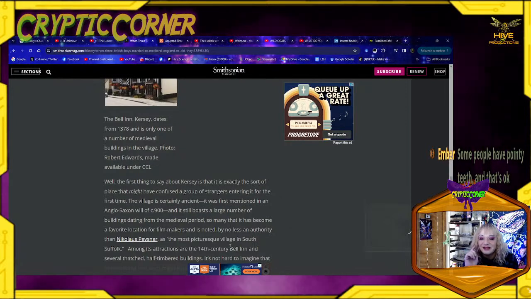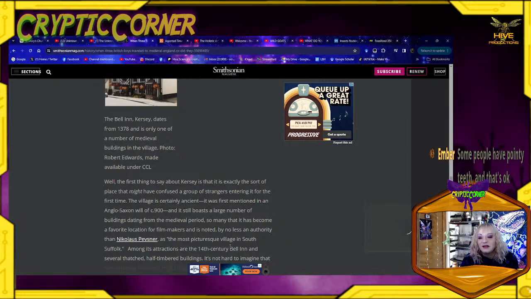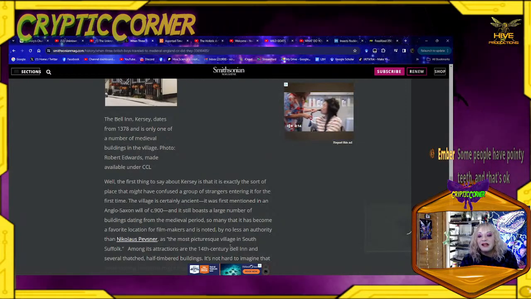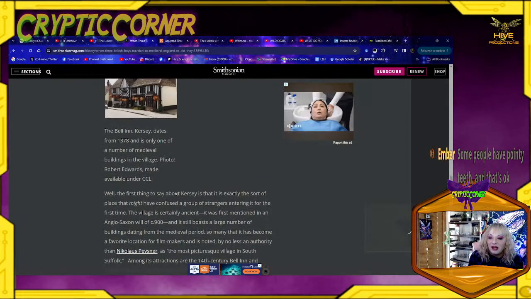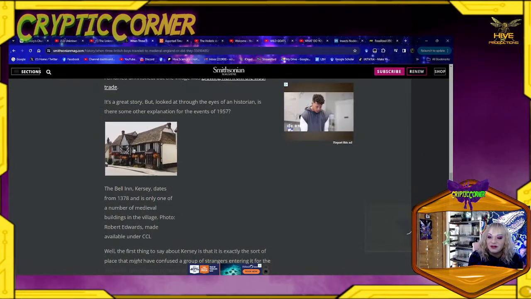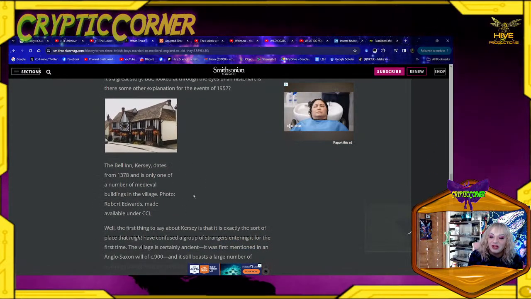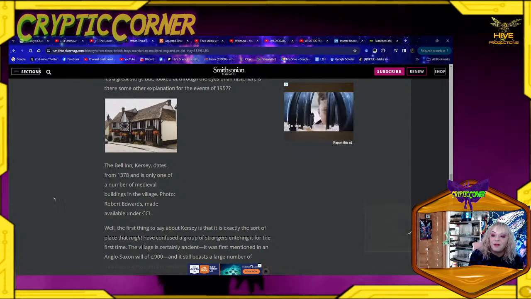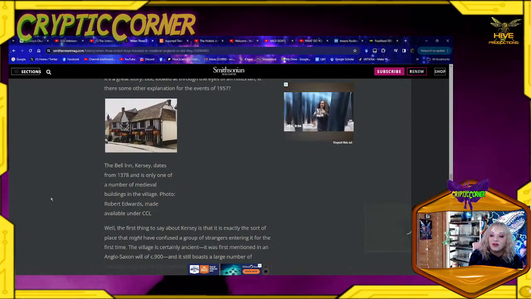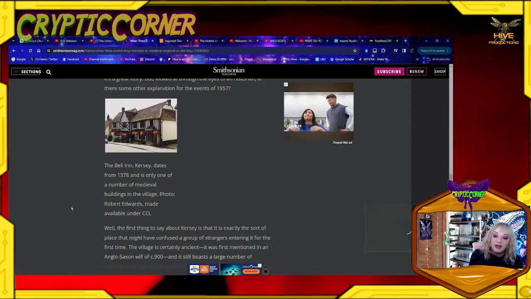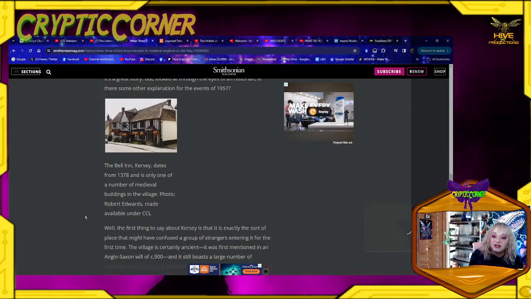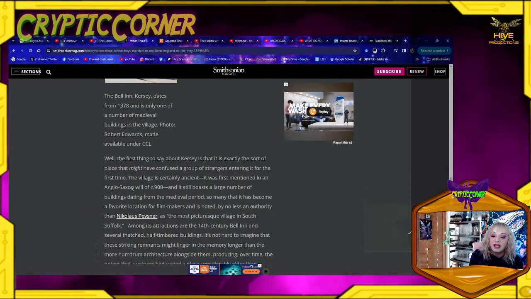All right, let's see. The Bell Inn, Kersey, this is one of the places in the village. Dates from 1378 and is only one of a number of medieval buildings in the village. This is the photo from Robert Edwards, made available under CCL.